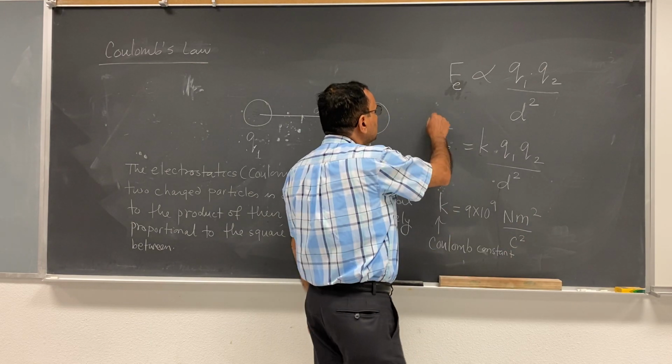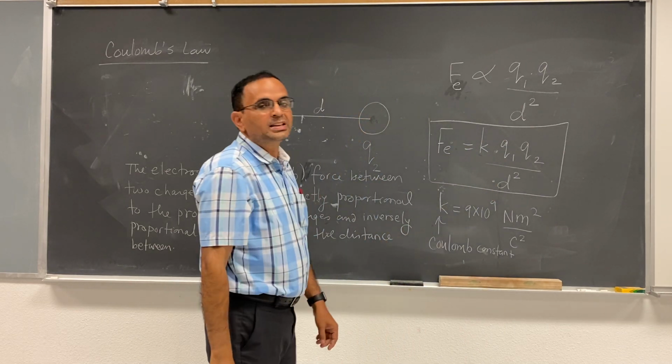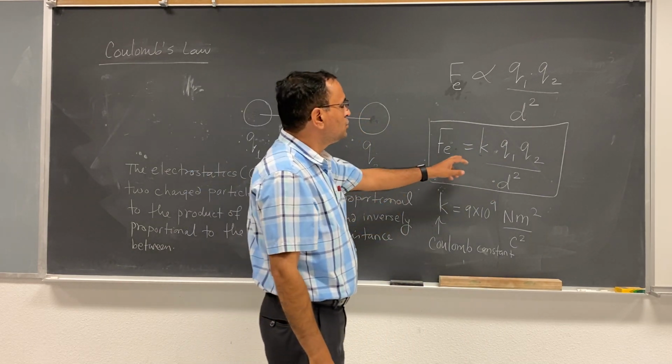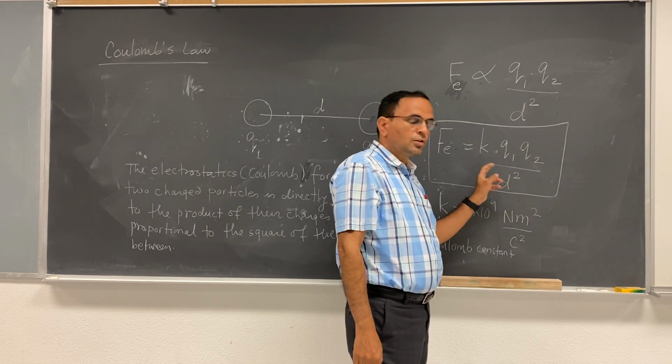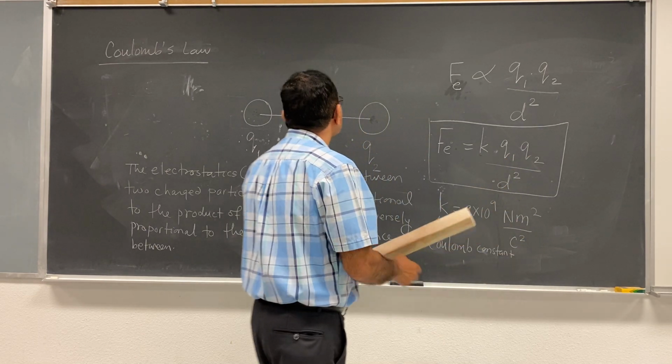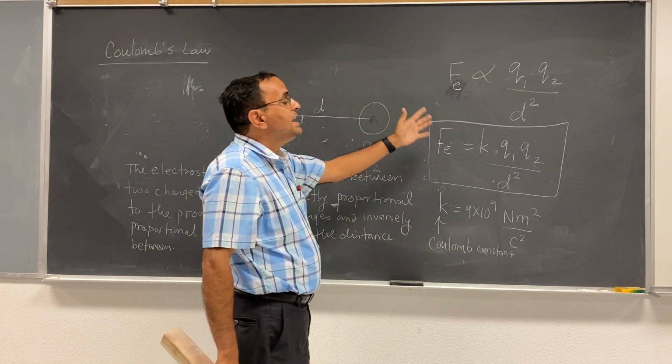So this is the Coulomb's law, okay, of electrostatic force. F of E is equal to K times Q1 Q2 divided by D square. This is a Coulomb's law. Okay, so this gives you the magnitude of the Coulomb force or electrostatic force.